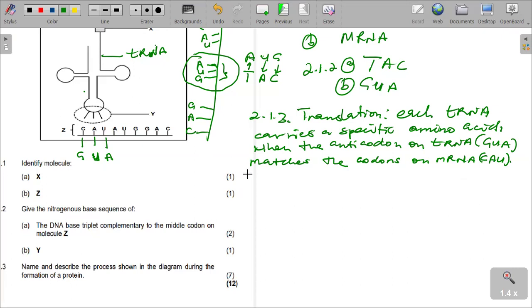In that case, our tRNA will bring the specific required amino acid.